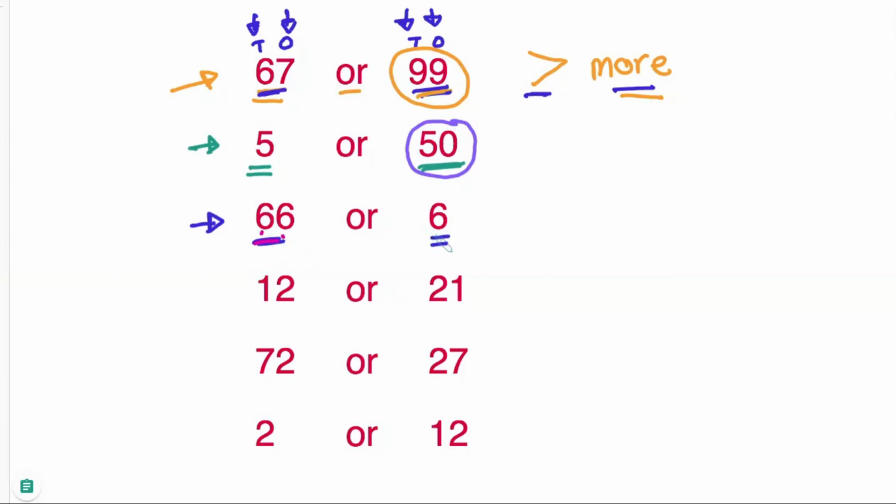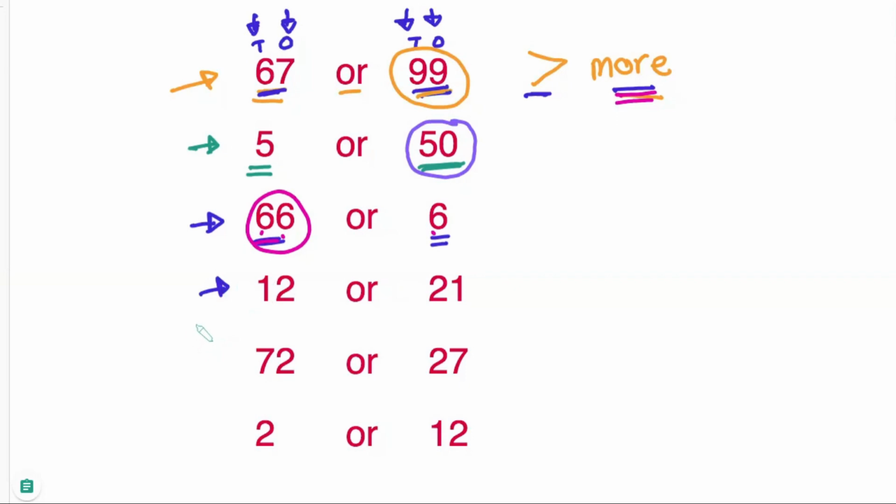In number 6, how many digits do we have? Just the one digit. So we know that 66 is larger or bigger than 6 because 66 has more digits. So we're going to circle 66 because we know that 66 is more than 6. Absolutely fantastic.